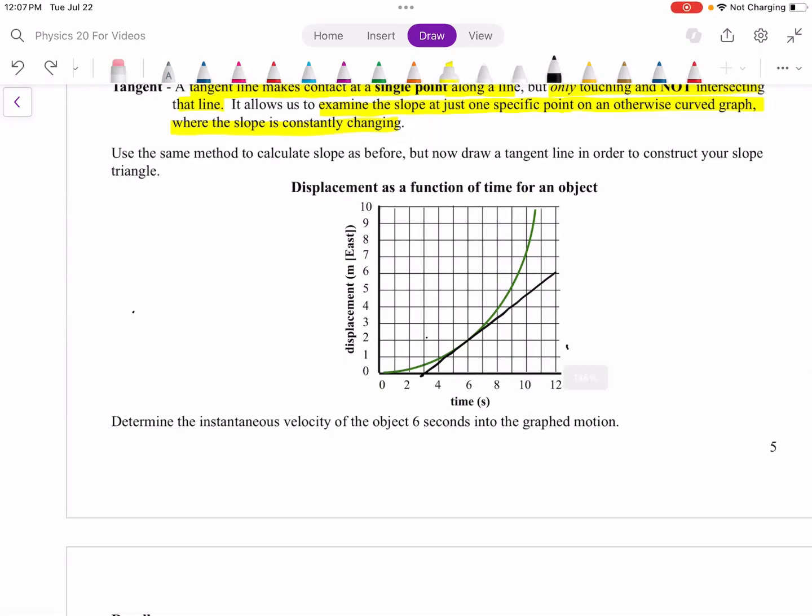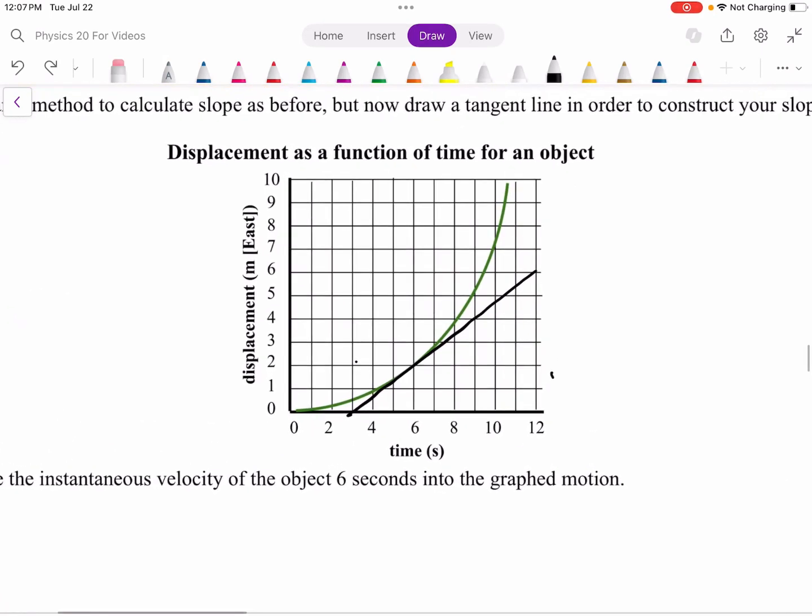So as always, going to try to pick two nice, easy points where I don't have to do much estimating, okay? And honestly, it looks like that's a pretty good point there. And hey, we might as well use that point. We know it goes through that because that's the whole thing we based our tangent on. So it looks like during that time, it runs 6 seconds, and it rises from 2 meters east to 6 meters east.